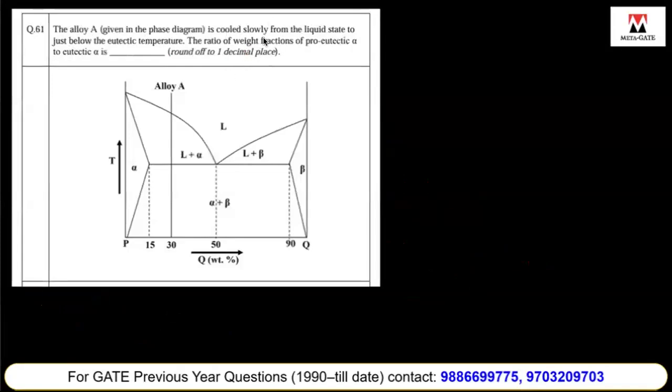Alloy A is cooled slowly from liquid state to just below the eutectic temperature.